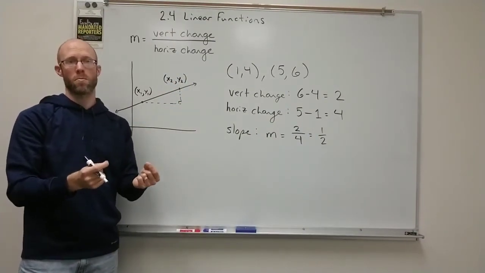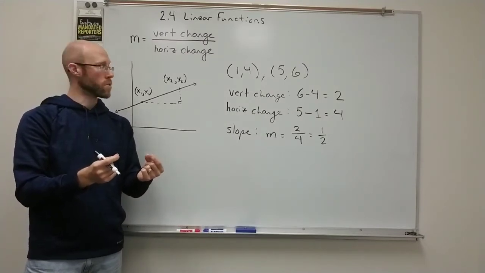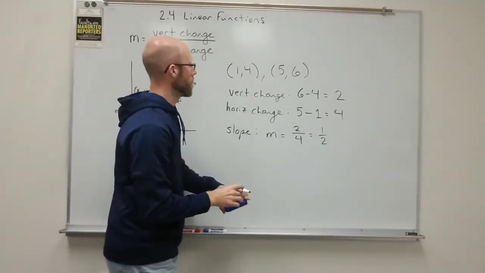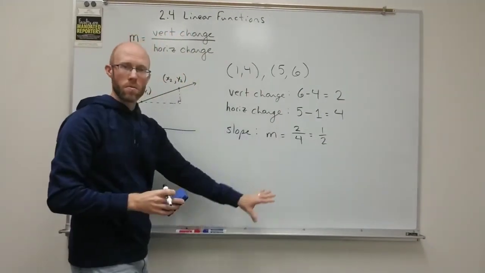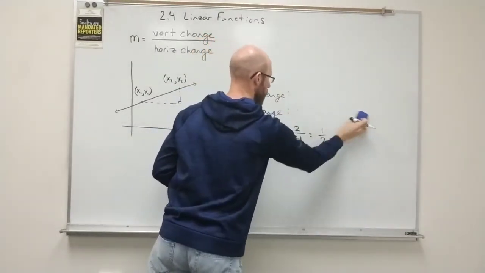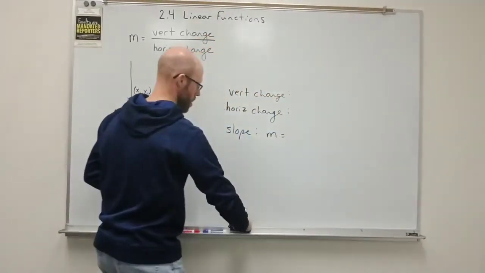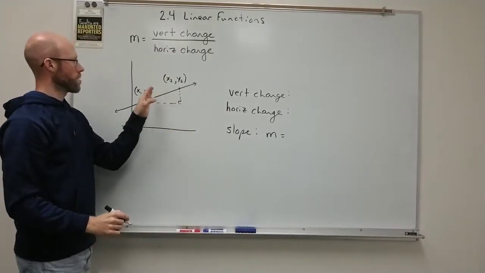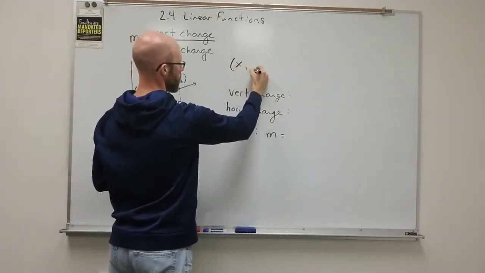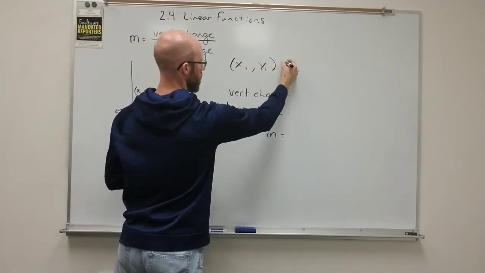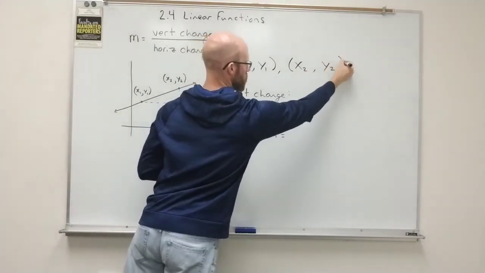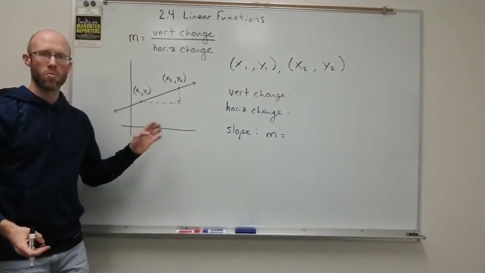The numbers are subscripts, just denoting that there's a difference between the 2 x's and the 2 y's. All right, so again, I'm going to set up the same sort of structure here. And I'm going to start with just writing out the 2 points, x1, comma, y1, and x2, comma, y2.